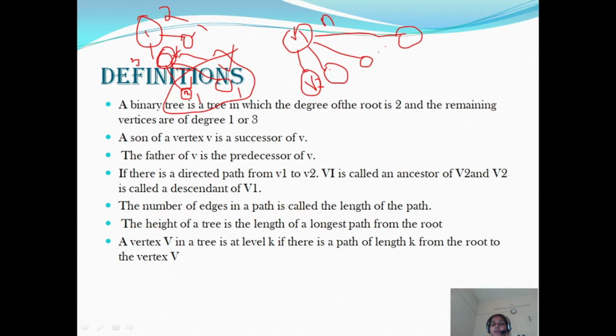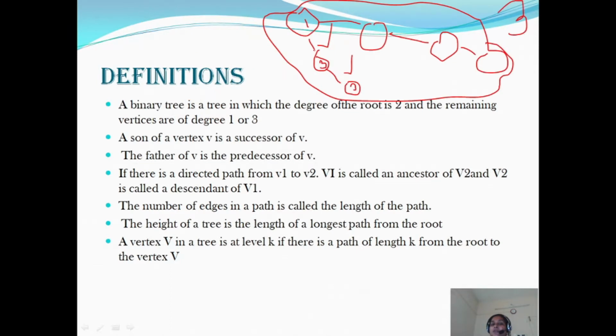Next is level. Level means take the path up to that vertex, and that is the level. For example, the path length up to here is 1, so the level of 3 is 1.